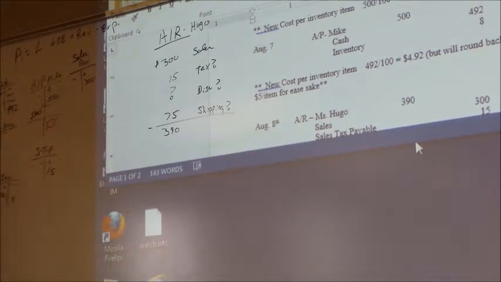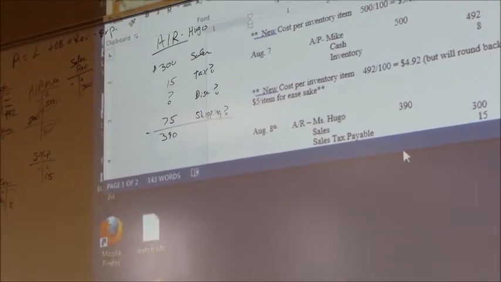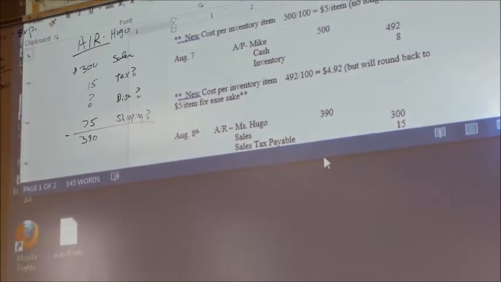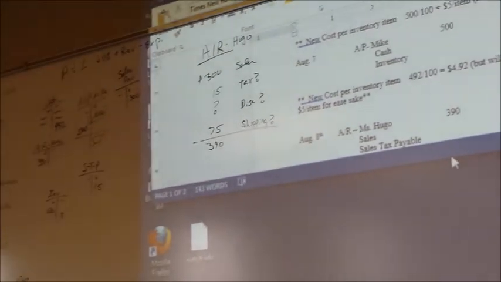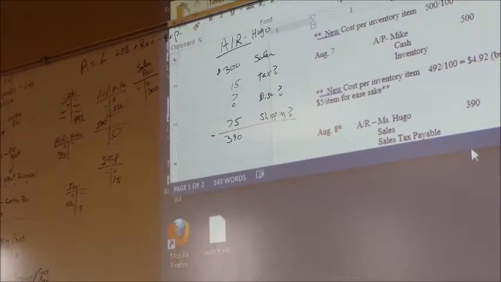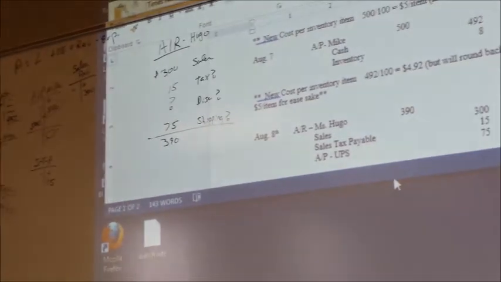And then shipping, this is the one where people might mess up. What am I going to call it here when it's FOB shipping point? Remember, one of my key rules: when it's FOB shipping point, there is no expense. Payable? Yeah. Accounts payable to UPS.